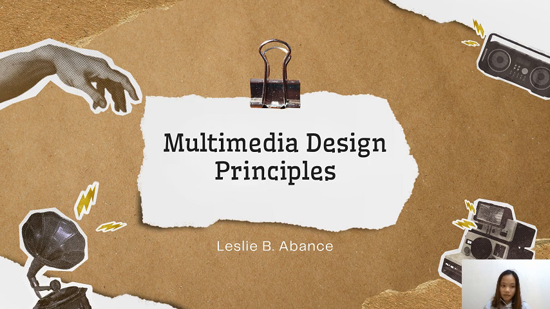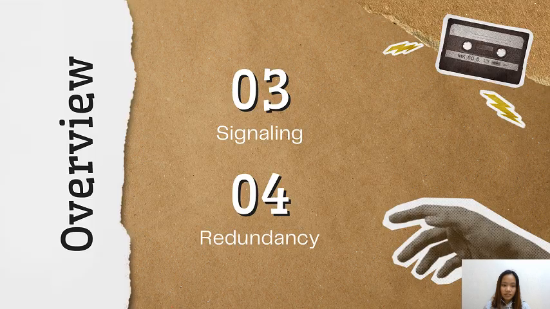It suggests that we only combine what complements each other. We should not overload information, and we should always be on point on what we show. So principle number 3 now is signaling, and principle number 4 is redundancy.